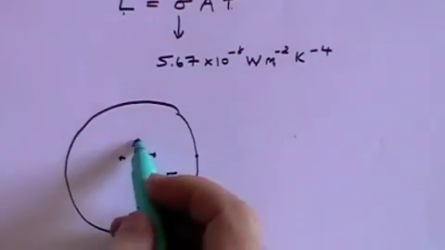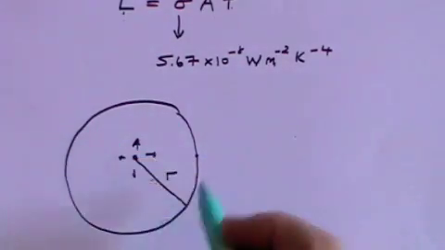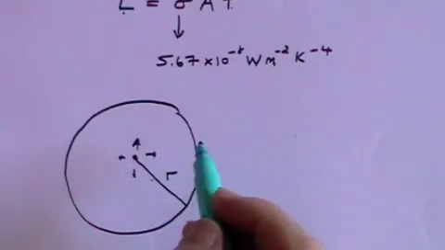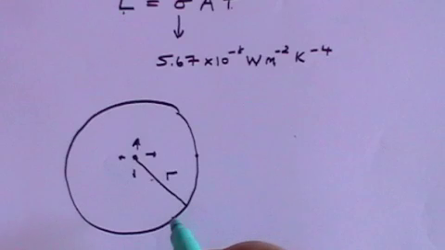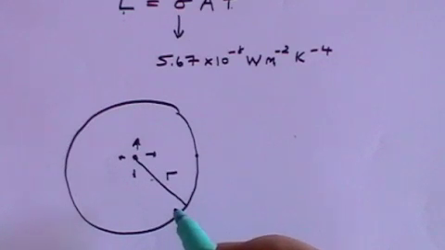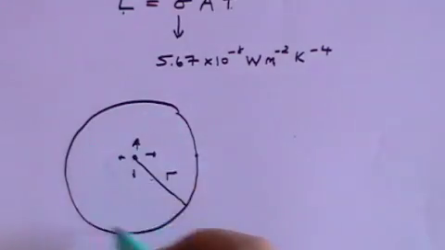All this luminosity is coming out and, as it were, hitting that shell. I'm not suggesting it's a physical shell, I'm just drawing a shell around the star. That intensity will be spread out over the whole of the surface area of that sphere.